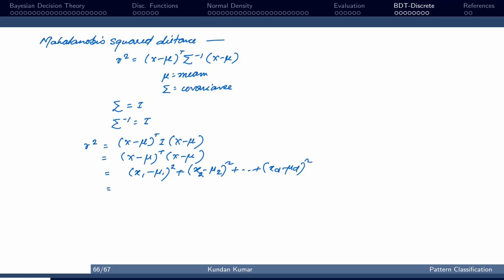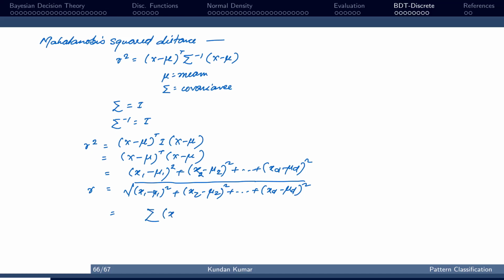So here, if we compute the Euclidean distance, then it will be (x1 minus mu1) square plus (x2 minus mu2) square plus (xd minus mud) square. And we can write this as a summation term.